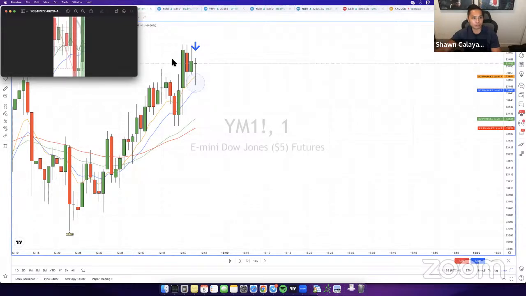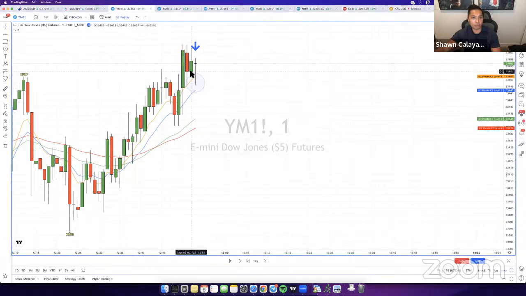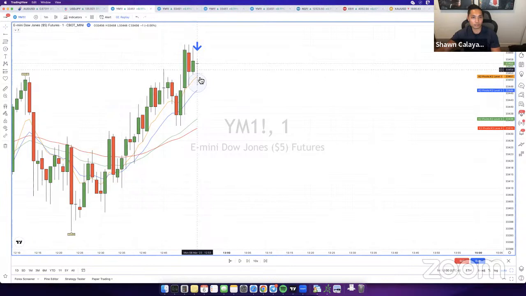Okay, so I think you're talking about this one right here, right? So this right here would be a wick rejection, because the wick is touching the pivot. So yes, to your example, this would be a wick rejection. This red candle right here would not be a wick rejection because it's not touching the pivot.